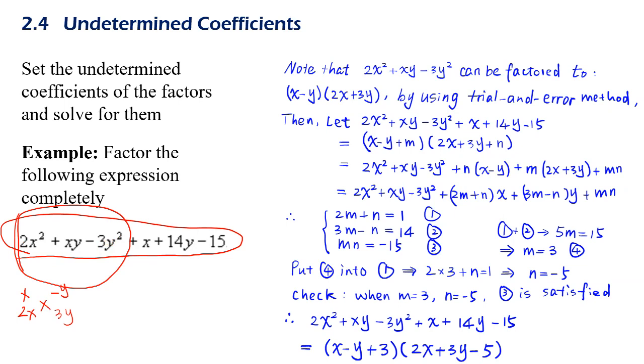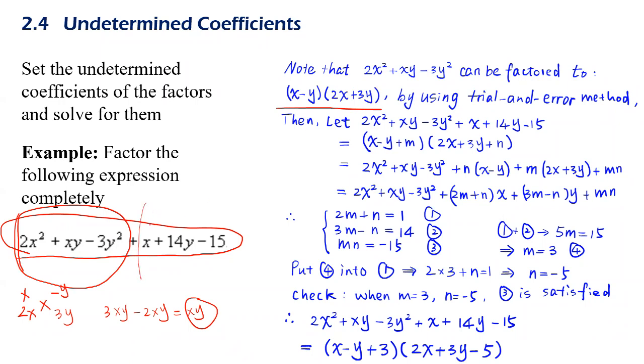And then we need to ensure by cross multiplication, 3xy minus 2xy, we get the term in the middle, which is xy, right? So the first part of this expression can be factored into x minus y times 2x plus 3y, right?